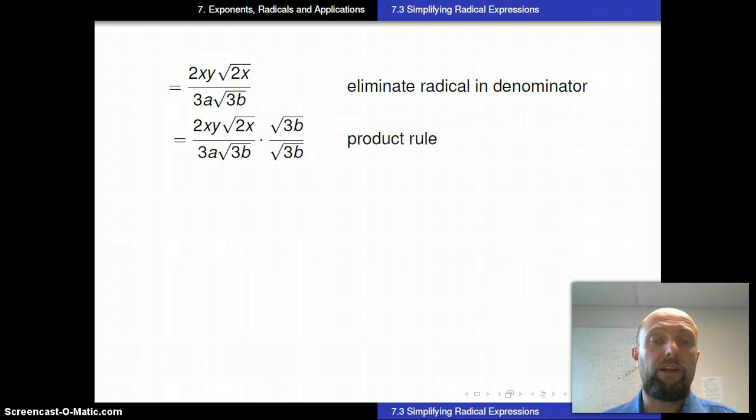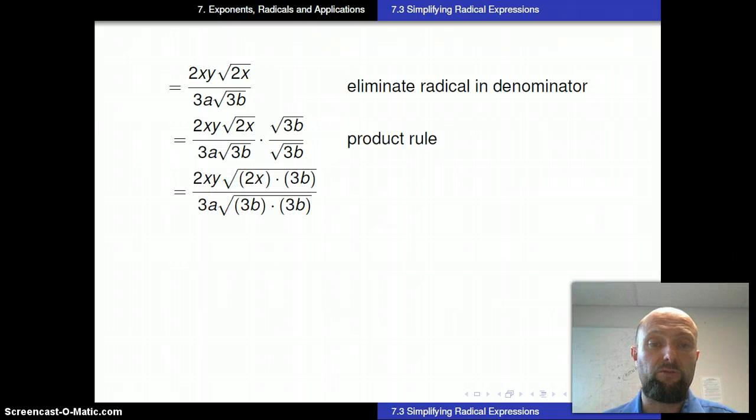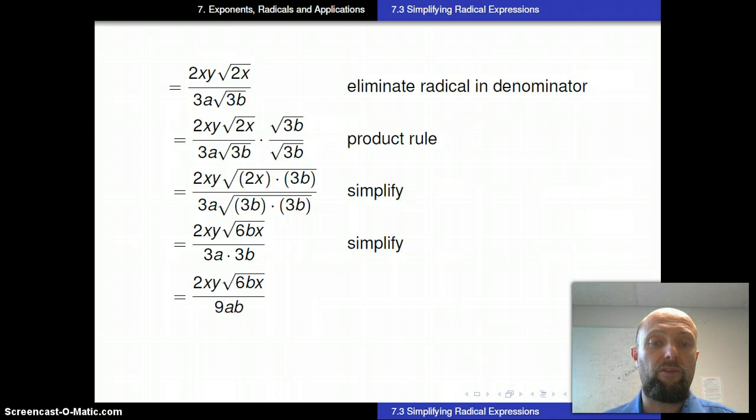Similarly, for the denominator, we can combine square root 3b and square root of 3b using the product rule. We simplify and we find square root of 6bx, and square root of 3b times 3b becomes just 3b. We simplify the denominator, and here is our final answer.